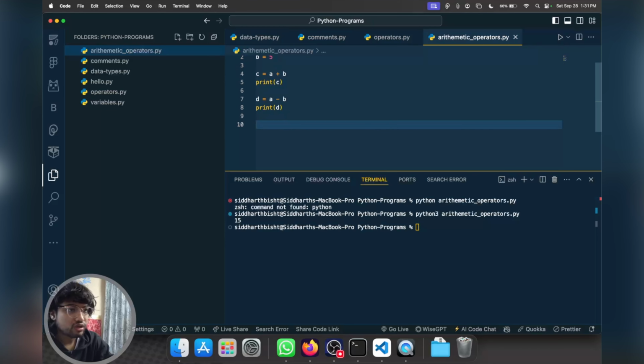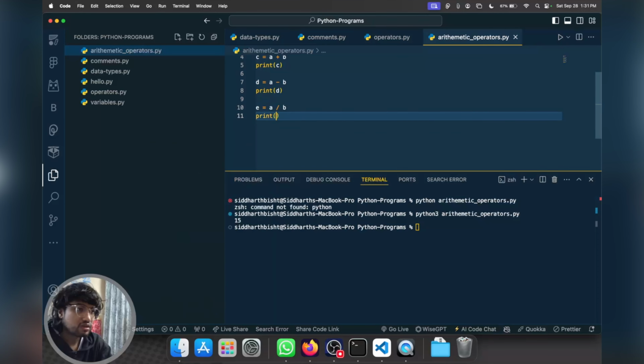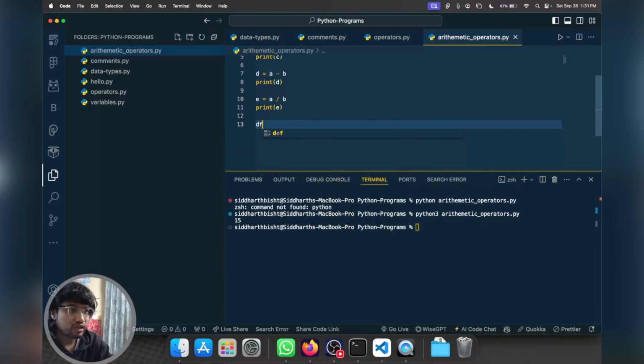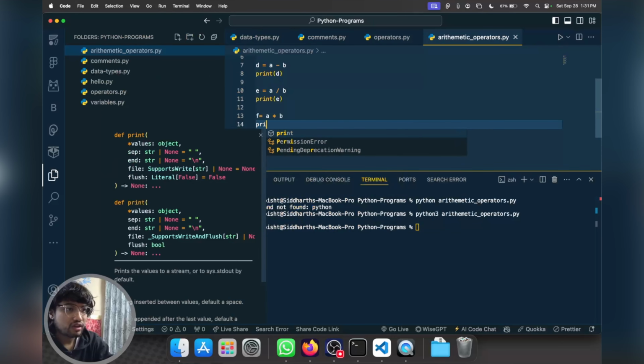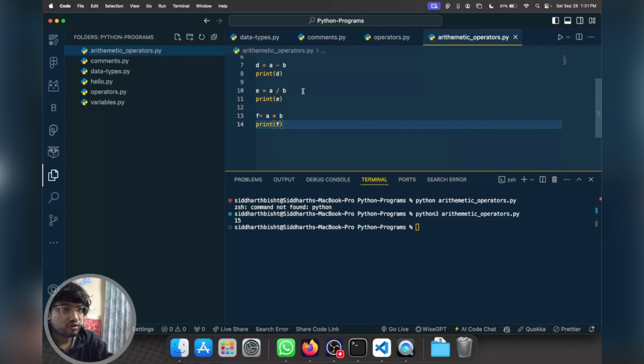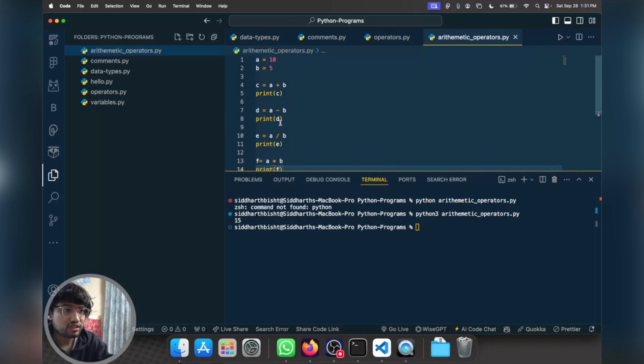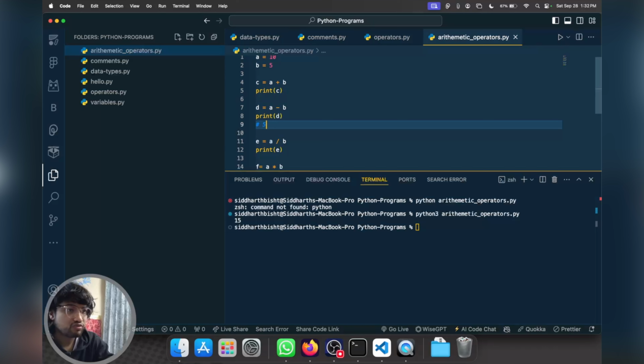Then e is equal to a divided by b, then I can print e. Then f is equal to a multiplied by b, and I print f. So this will give me a minus b, that is 10 minus 5, which will print 5.